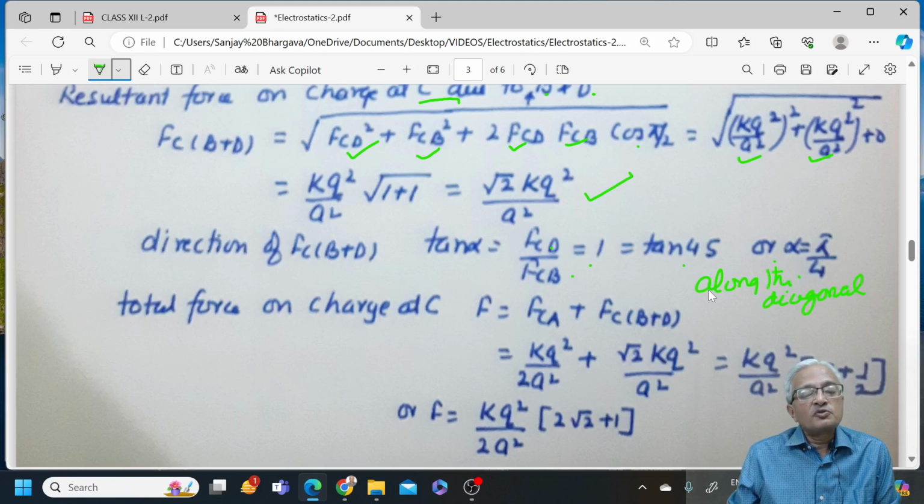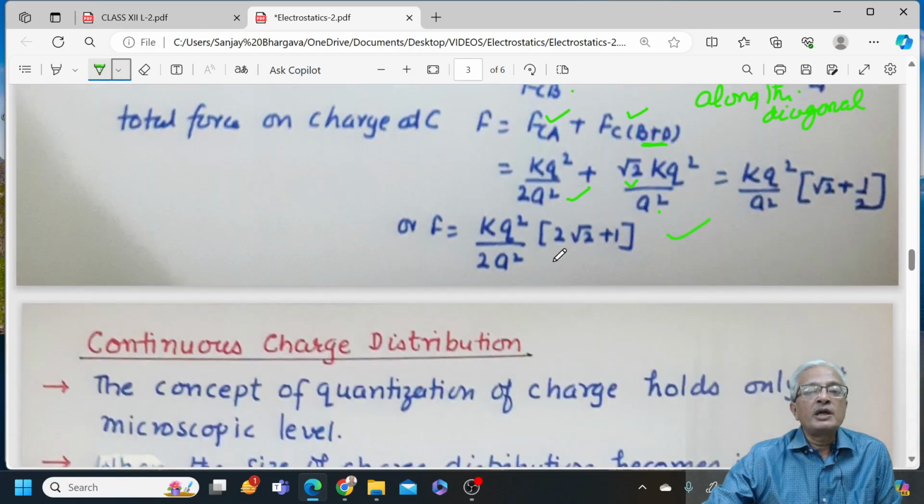So total force would be now the sum of the two forces acting along the diagonal only, and that is F_CA and the force on C due to B and D. Write the values of it: kQ²/2a² and √2 kQ²/a², and the total gives me resultant force as kQ²/2a² (2√2 + 1).